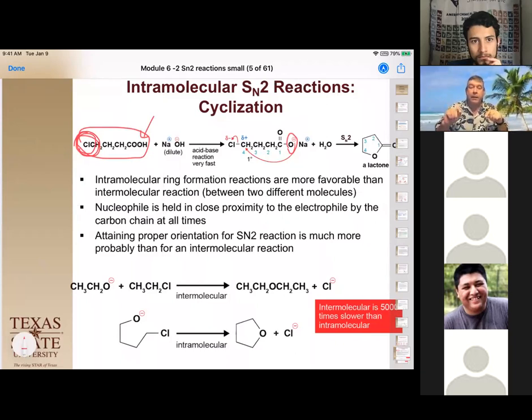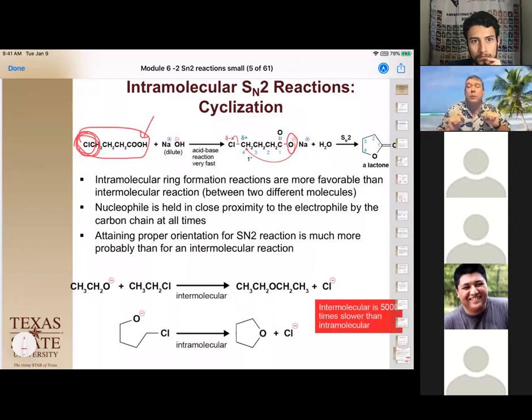So what can happen is you can actually have that nucleophile drift around in solution and attack another molecule, okay? That would be an intermolecular reaction, between two molecules. Or it can go ahead and, using its free rotation, go around and displace the leaving group on itself.